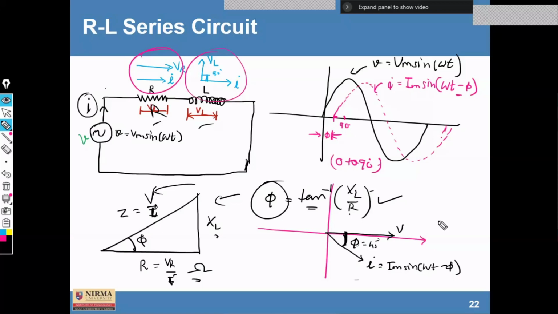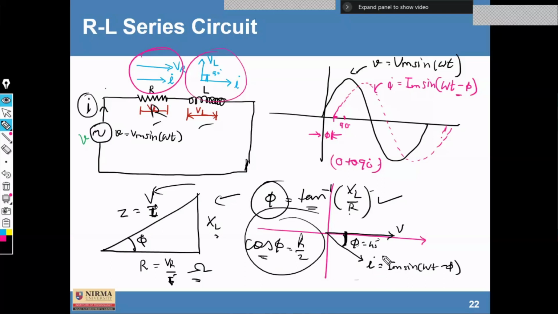So this is about RL series circuits. The voltage triangle and impedance triangle give us the various parameters. So power factor cos phi is R by Z. Clear?